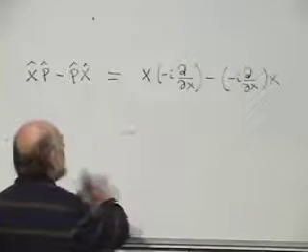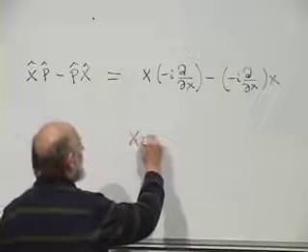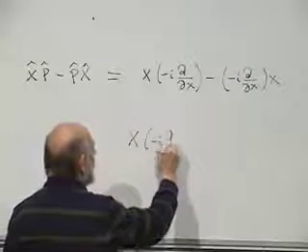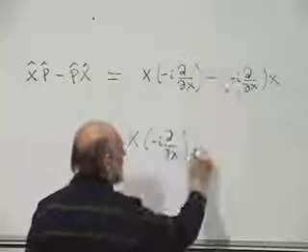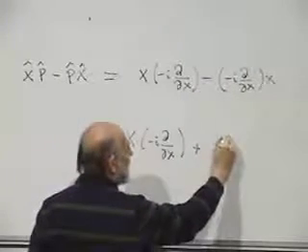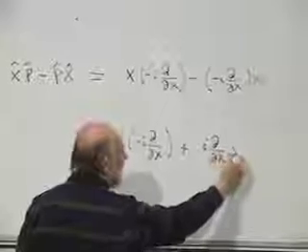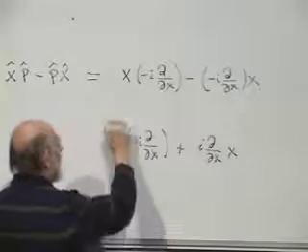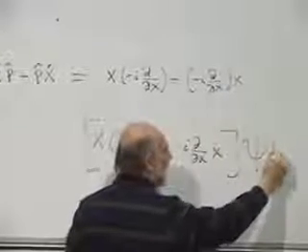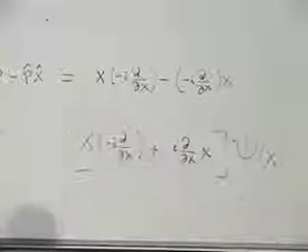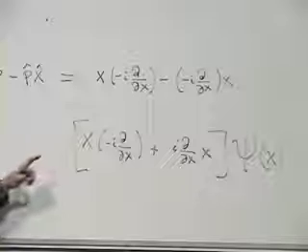So let's take this thing, x times minus i d by dx, minus, now minus times minus is plus, plus i d by dx times x, and apply it to a function of x, psi of x. Now it makes sense.